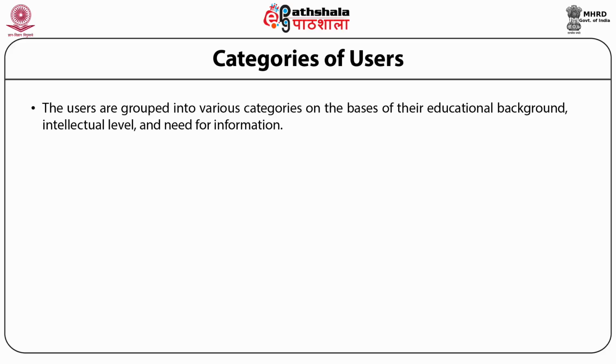They can also be categorized according to their intellectual level, the level of understanding information, understanding knowledge, and so on. And they can also be categorized according to the need for information which they seek to fulfill their gap in knowledge.